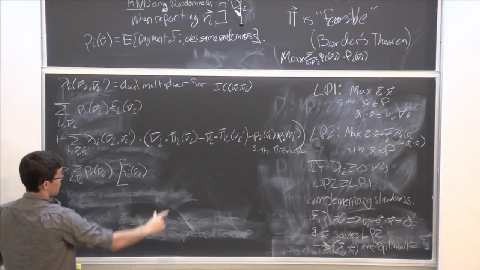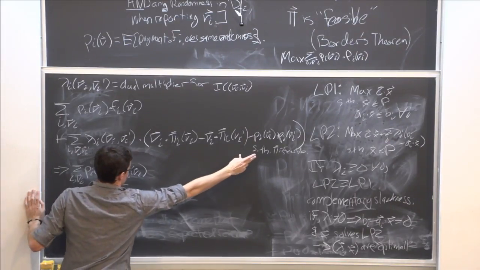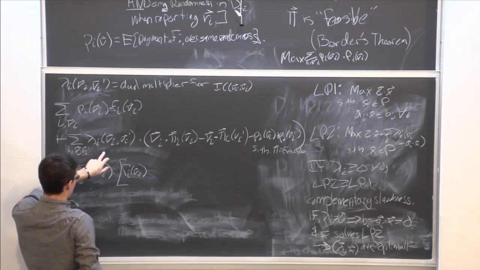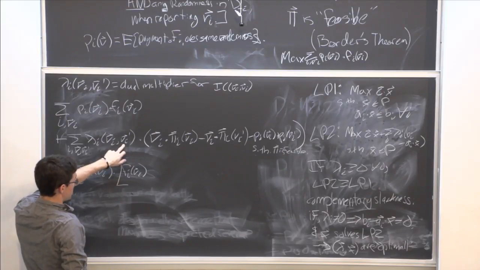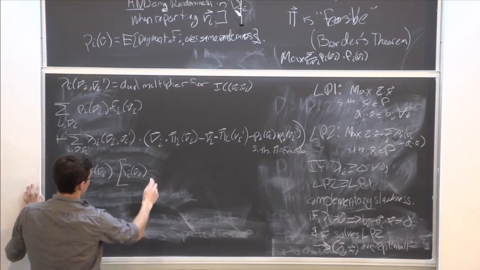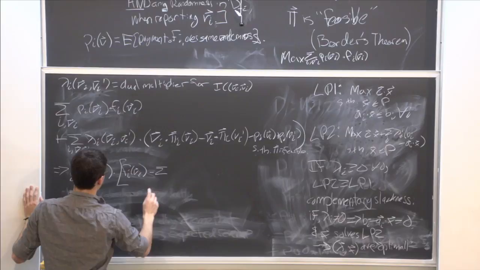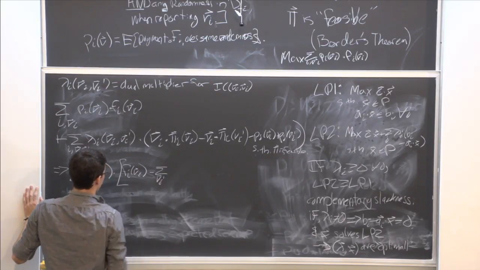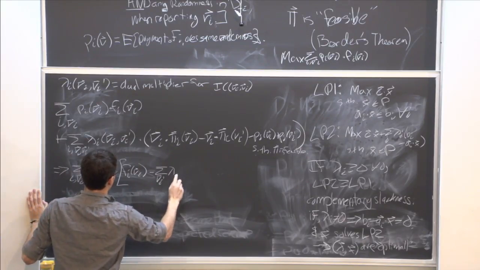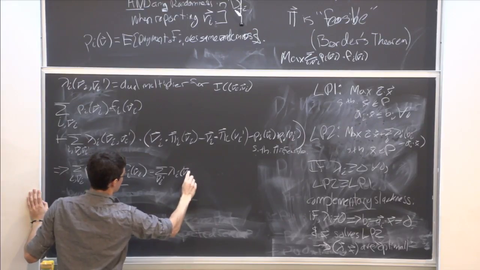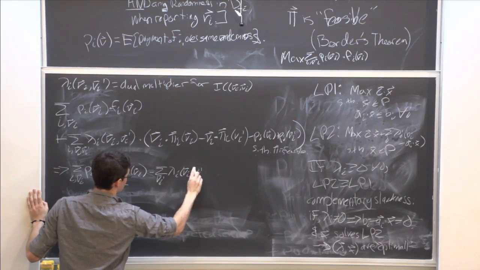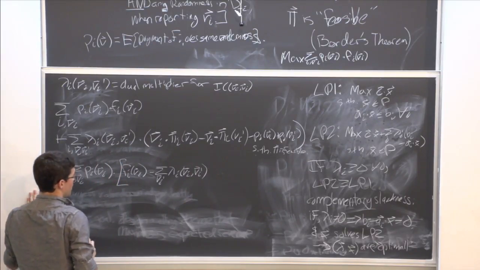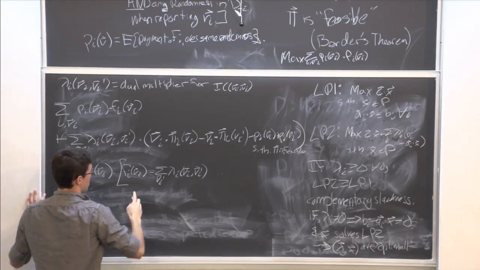Okay, now it gets a minus for every vi prime. So there's a minus sum over all vi prime of lambda i of vi prime. And there's also a plus.